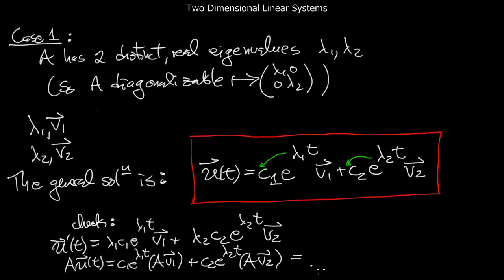And now v1 is an eigenvector with eigenvalue lambda 1, so you get c1 e to the lambda 1 t, and then here you get lambda 1 v1, and similarly here you get lambda 2 v2 because v2 is a lambda 2 eigenvector. And these two expressions on the right of the equal signs are equal, so u prime is equal to Au. Okay, that's just an easy check that this really is a solution.